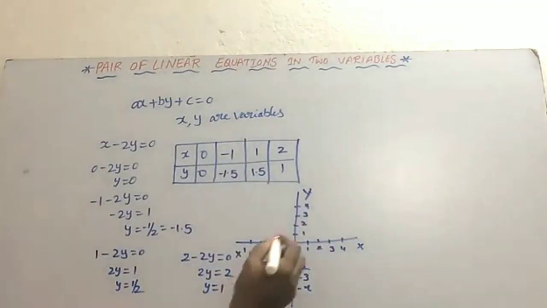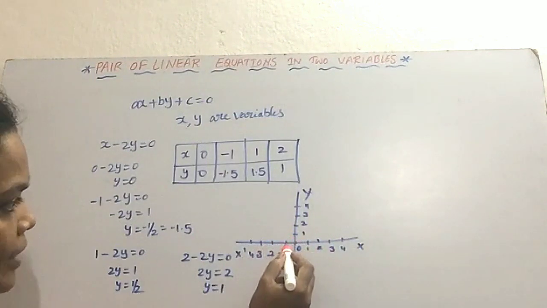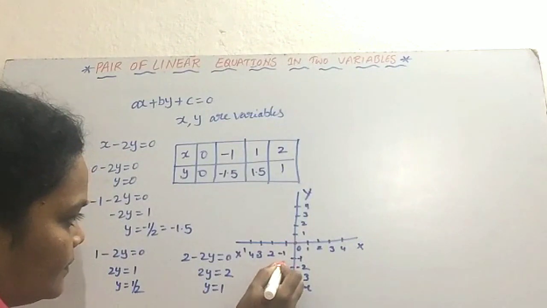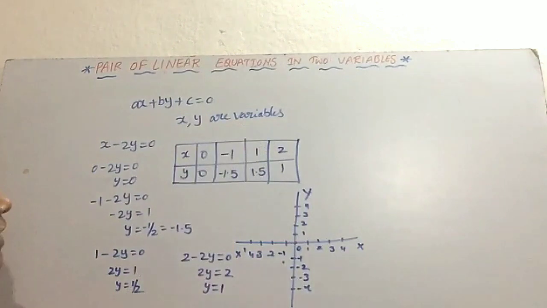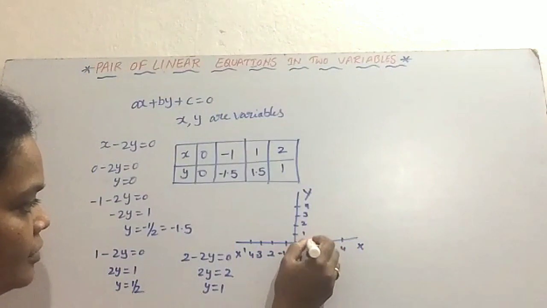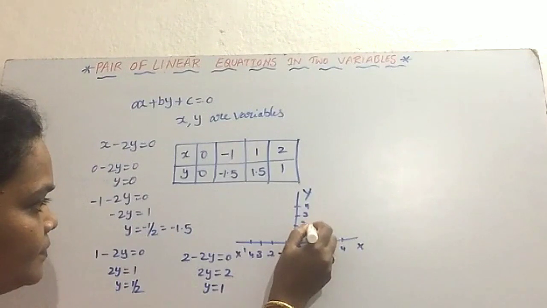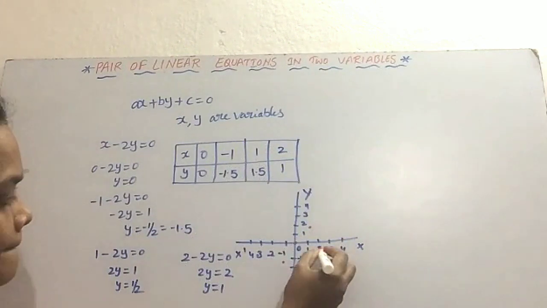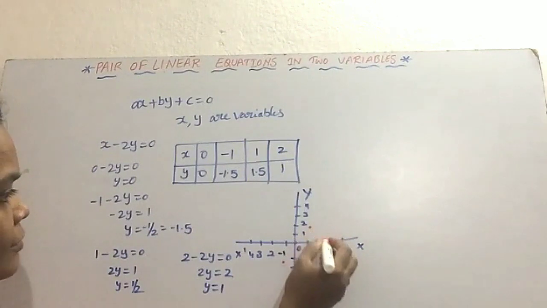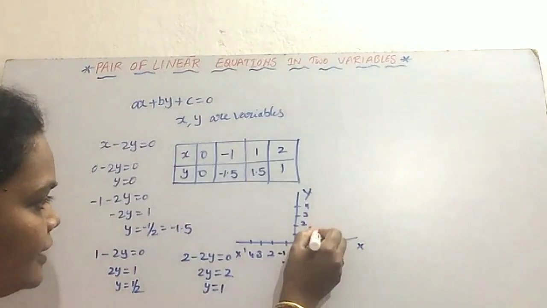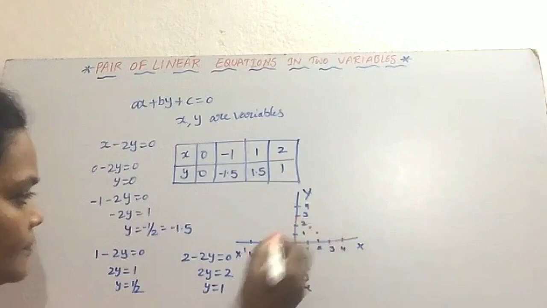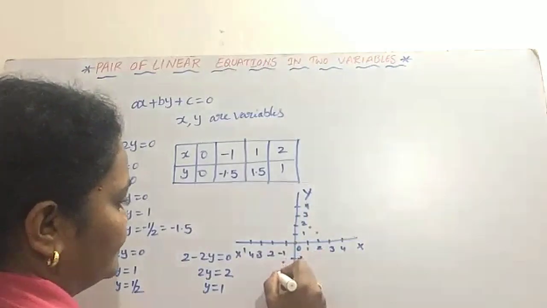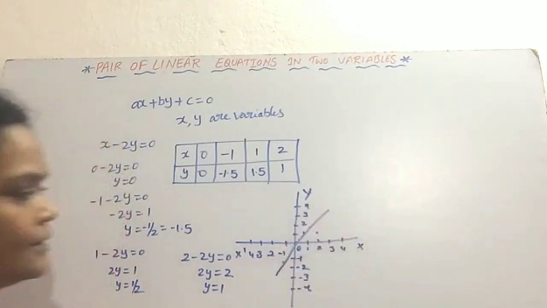If x = minus 1, y = minus 1.5, so it is here. Next if x = 1, y = 1.5, so here. Next if x = 2, y = 1, here. So it will give a line like this.